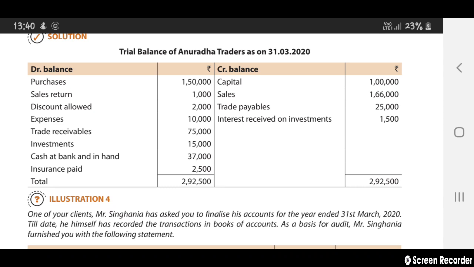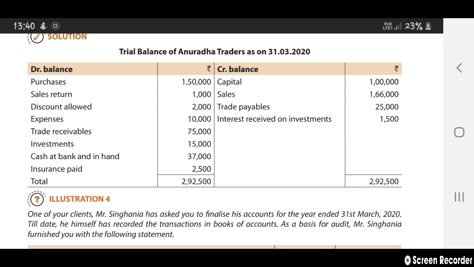Purchases are 1,50,000, sales return 1,000, discount allowed 2,000, expenses 10,000, trade receivables 75,000, investment 15,000, cash at bank and in hand 37,000, and insurance paid 2,500. The total debit balance is 2,92,500.